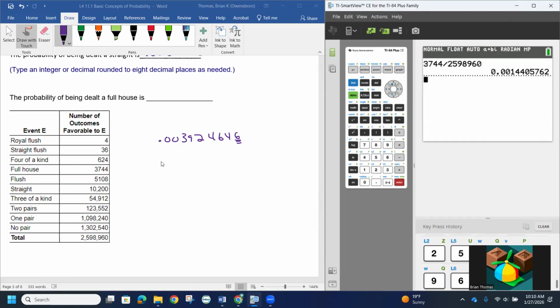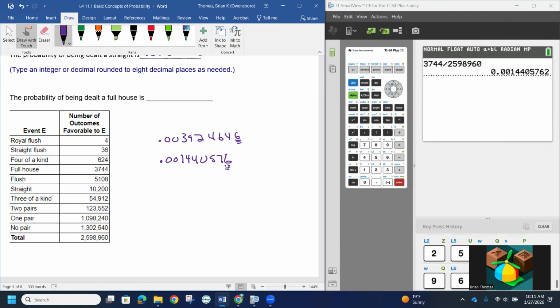So for the straight flush, I'm sorry, for just the full house, we have 0.00144057 and then a 6. So it's 1, 2, 3, 4, 5, 6, 7, 8, 9. That is 9. So what I have to do is look at this 6 and decide, do I round this 7 up or keep it a 7?